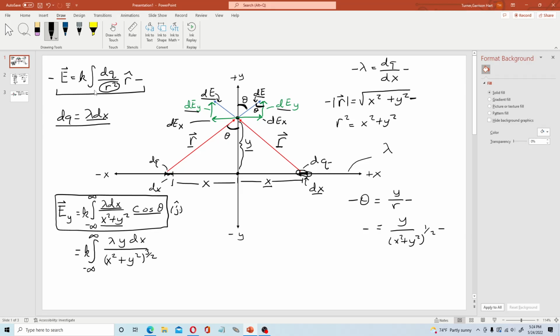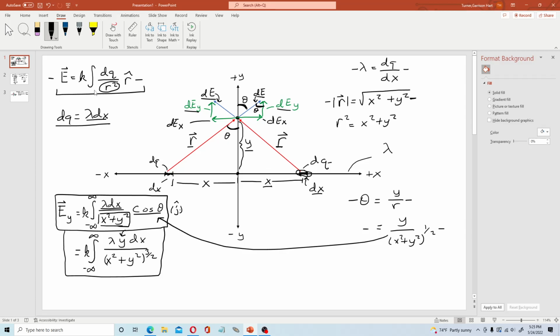And so when I insert y over x squared plus y squared to the 1/2 in for cosine, I substitute this in right here, and I'm going to get a y in the numerator right here, and I'm going to multiply this by the x squared plus y squared to the 1/2, and that gives me x squared plus y squared to the 3/2. So this is my final result right here.